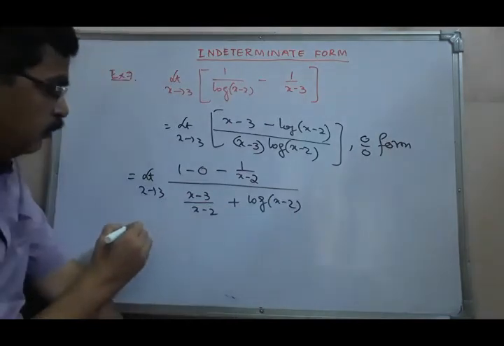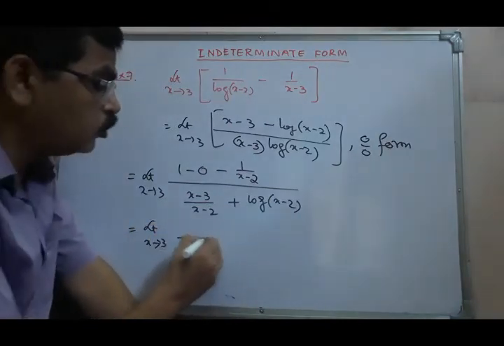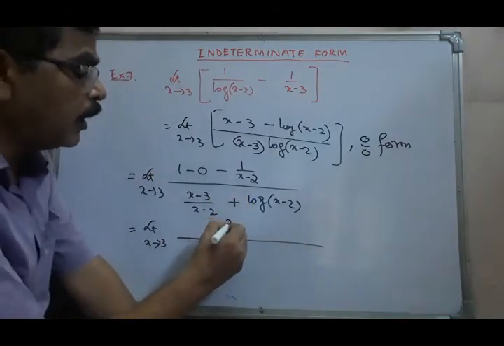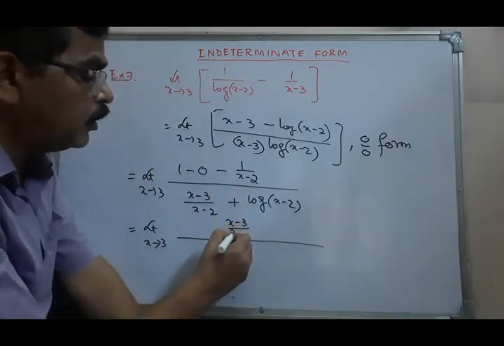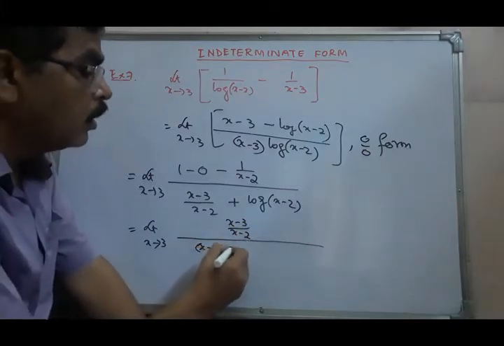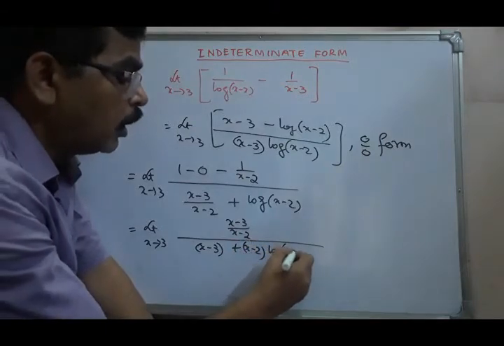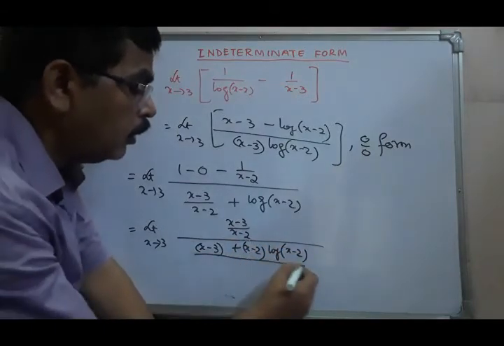So after simplification, what is coming? Limit x tending to 3, the numerator coming x minus 3 divided by x minus 2, and the denominator x minus 3 plus x minus 2 into log x minus 2 by x minus 2.